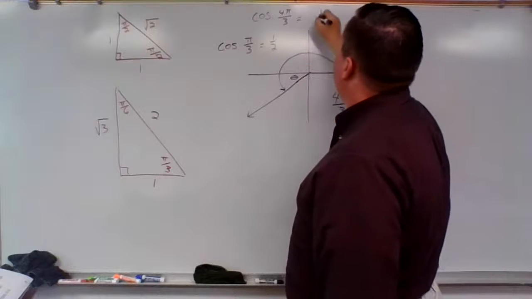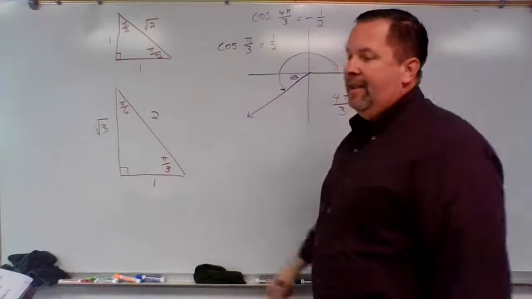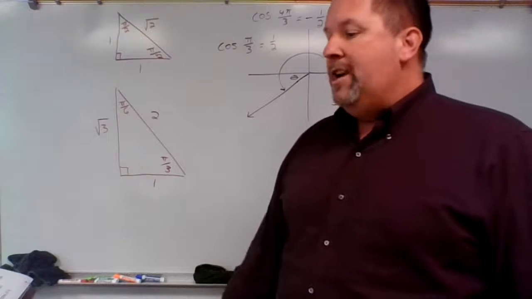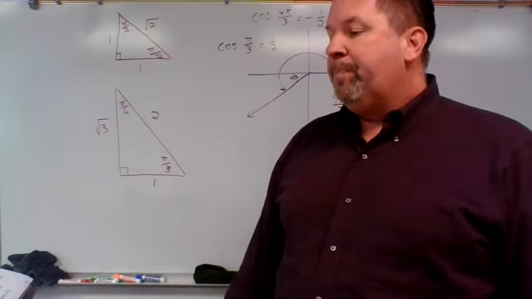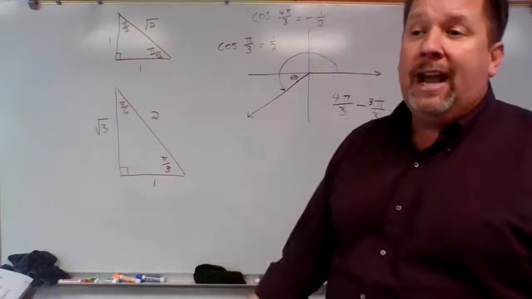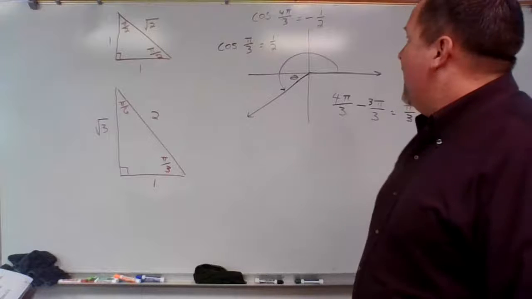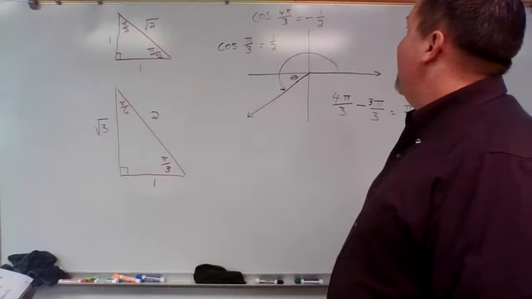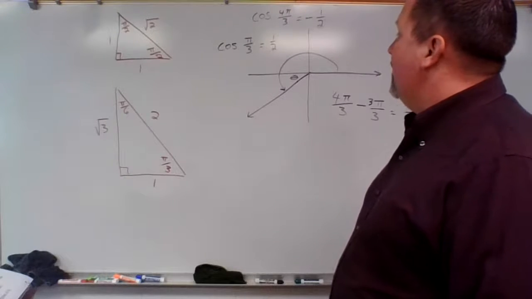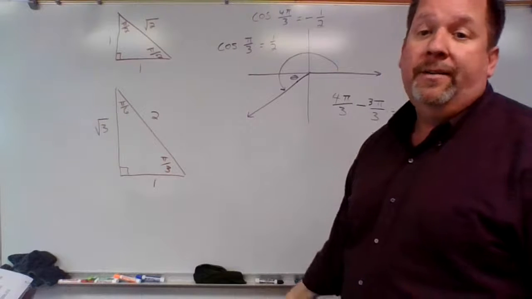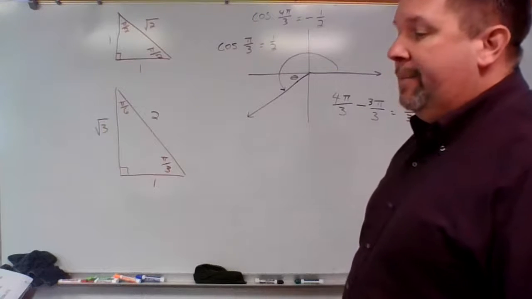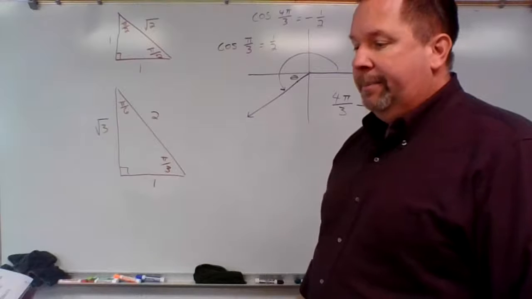Over here, it's a negative 1/2. That'll be the only difference. So I knew exactly what the cosine of 4 pi over 3 was. You could put your calculator in radians and ask it that. It's going to give you that exact number because it's not an irrational number. And it makes you pretty smart. You're able to find that out without asking your calculator.